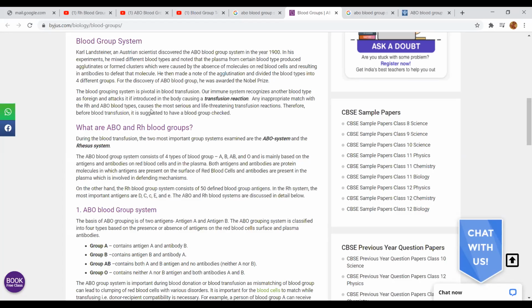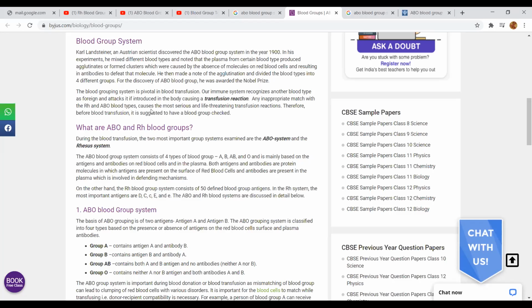That is why both antigens and antibodies are present. Now, if your blood is transfused to another person who is not of the same blood type as yours, the antigen present in your blood will affect the other person, and his antibodies will fight with the antigens present in your blood group. That is why these antigens and antibodies are present in the blood.